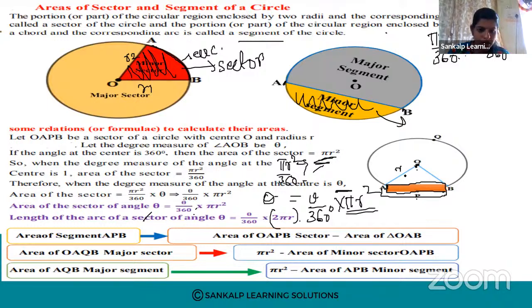Area of AQB, the major segment, is pi r square minus the area of APB minor segment. So full circle pi r square minus the area of minor segment APB.